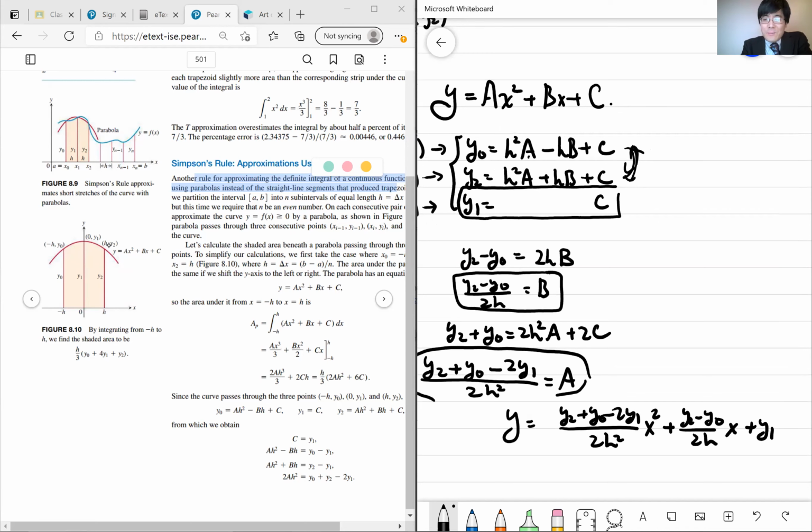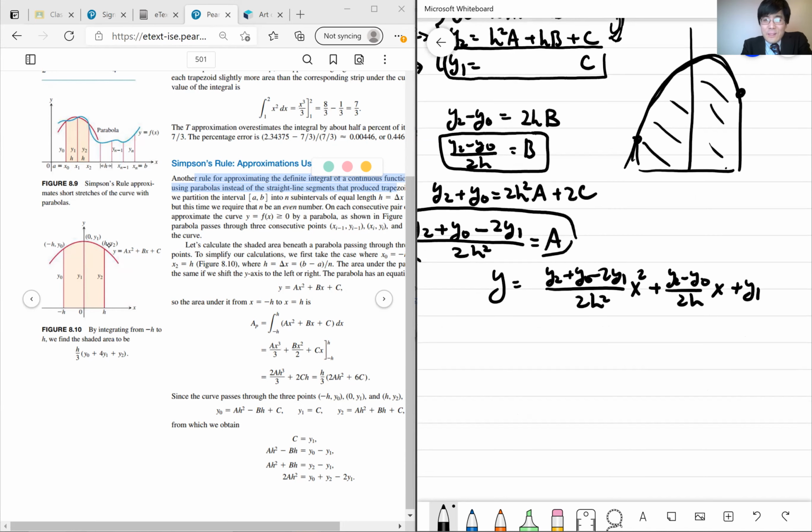Okay, so that's a parabola. Now we are not really interested in finding a parabola, but in finding the area under the parabola. So we are going to integrate this from negative h to h to find the area under the curve, because that's what we are going to use for approximations.